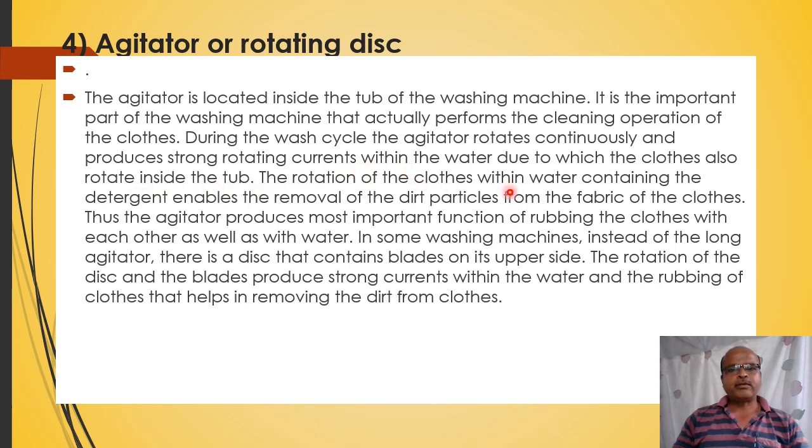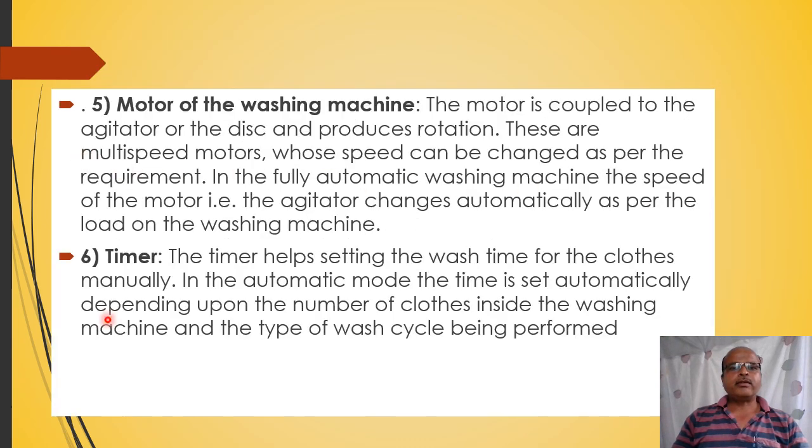The rotation of the clothes within the water containing the detergent enables the removal of dirt particles from the fabric of the clothes. Thus, the agitator performs the most important function of rubbing the clothes with each other as well as with water.